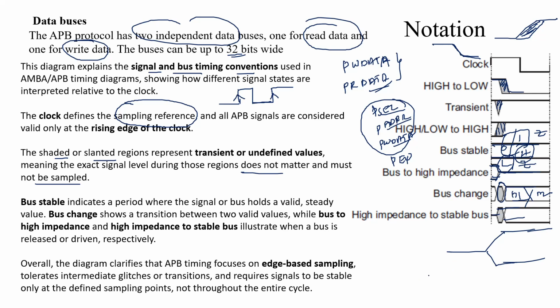This overall diagram clarifies the APB timing signals, how we sample the signals, and how we tolerate the glitches or transitions.